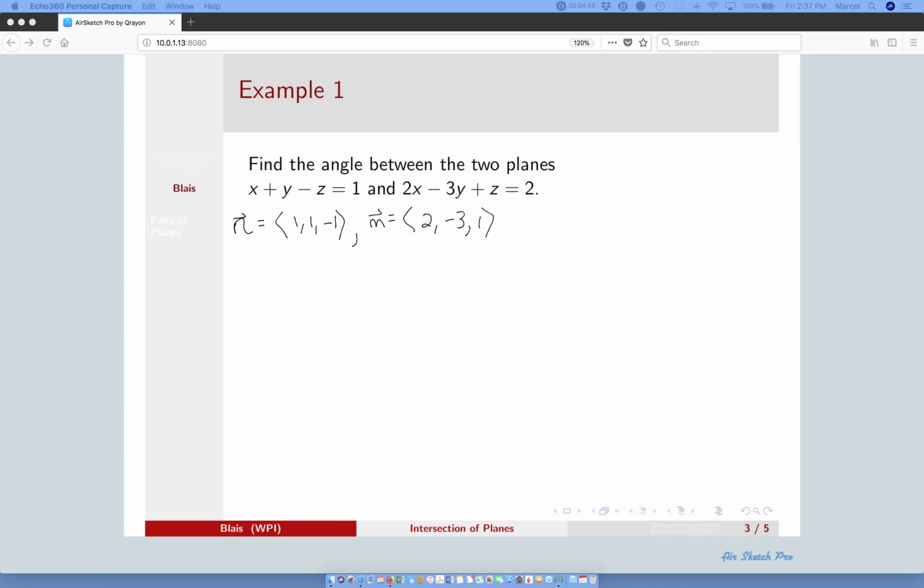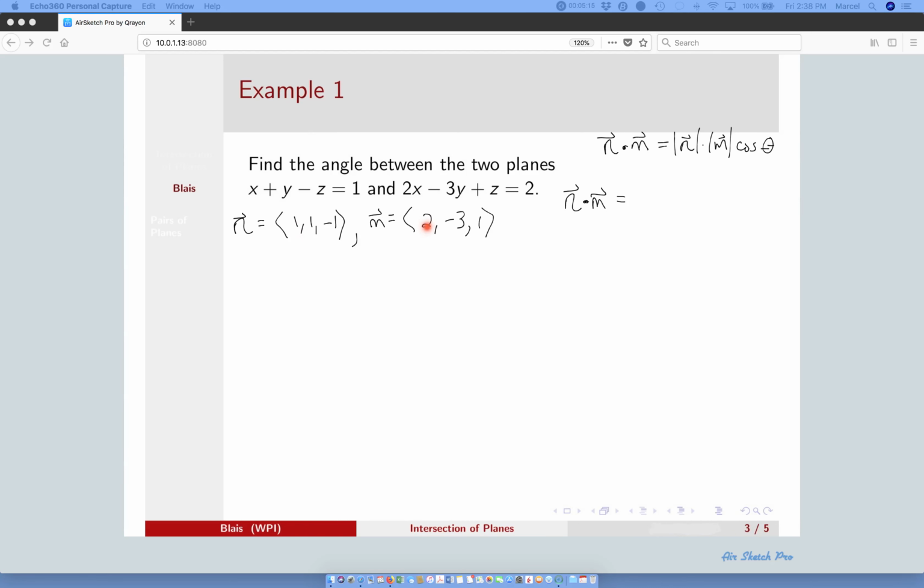So the question now is reduced to what is the angle between these two vectors, and recall that we have a version of the dot product where it's the length of n times the length of m times cosine of the angle theta. And we also can calculate the dot product directly from the definition. So remember, multiply the corresponding components of n and m, and then add those products.